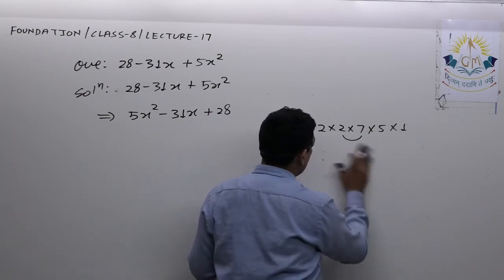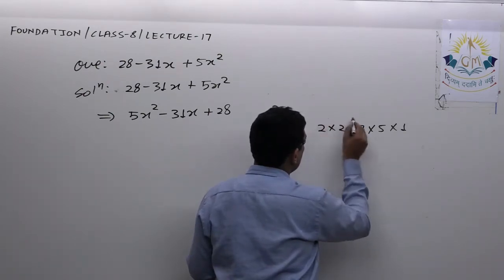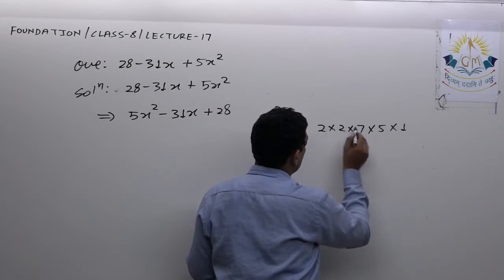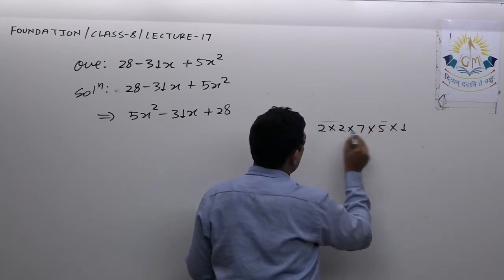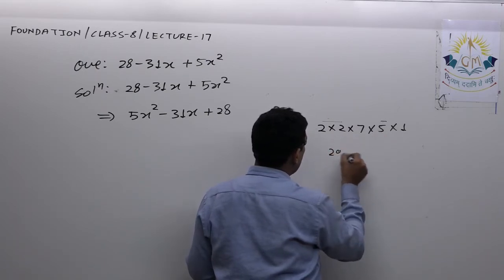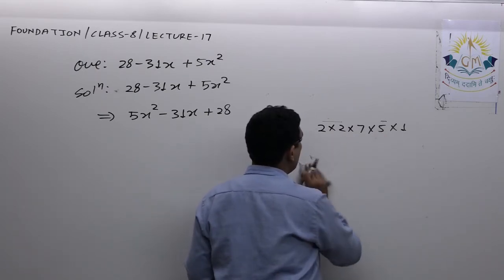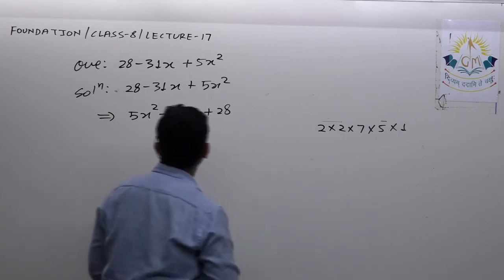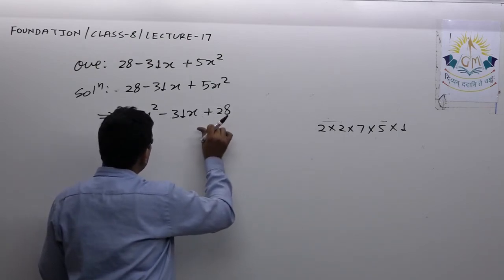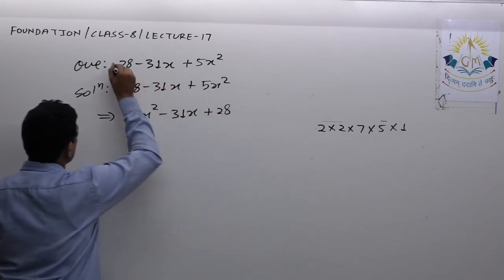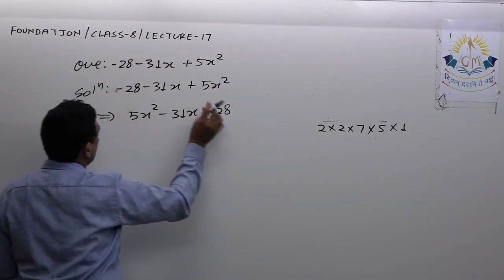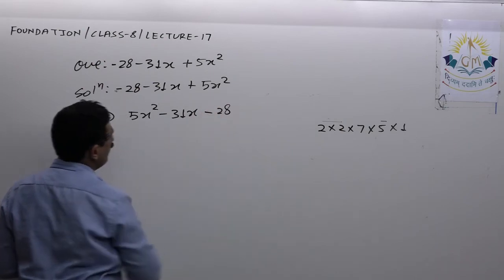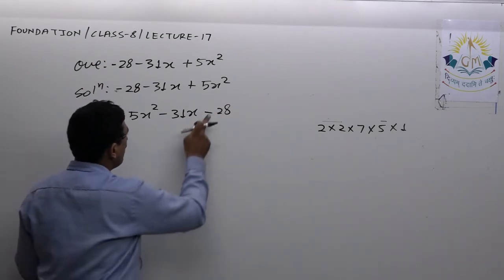Okay, so any other combination? 2 into 4 into 5, 20, and 7. That is again not going to give you 31. So in that case, I have to make changes in the question. Actually, this should be minus 28. Okay, I have to make this minus. Then only it is possible.